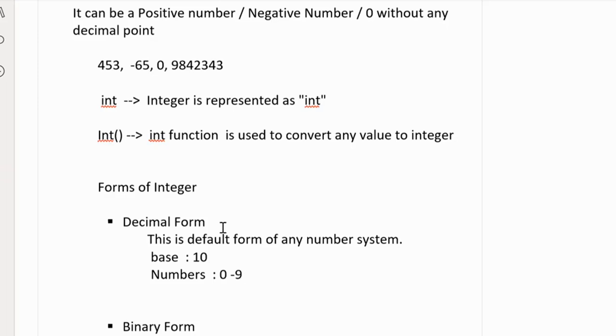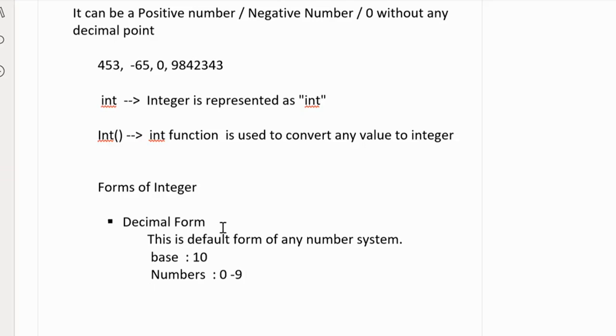Whatever the number, in billions, trillions, thousands, lakhs, or crores, it is represented to you by using a combination of 0 to 9. This is what is called the decimal form.